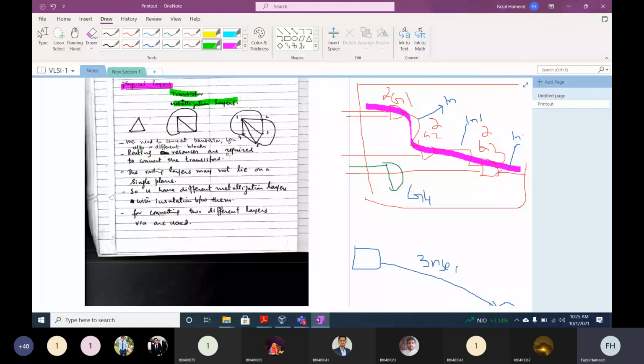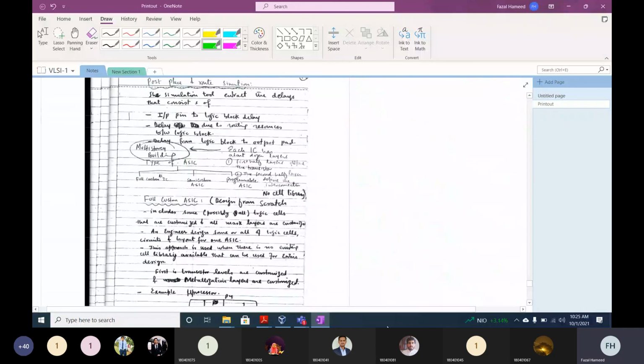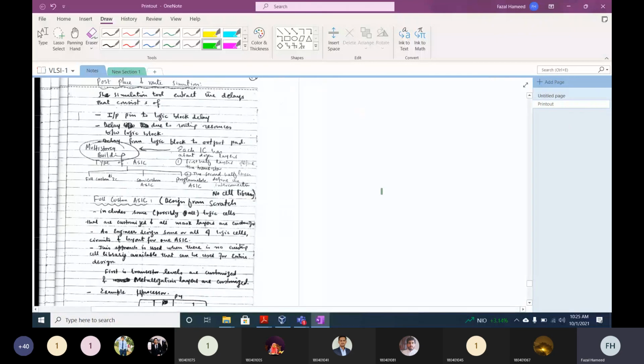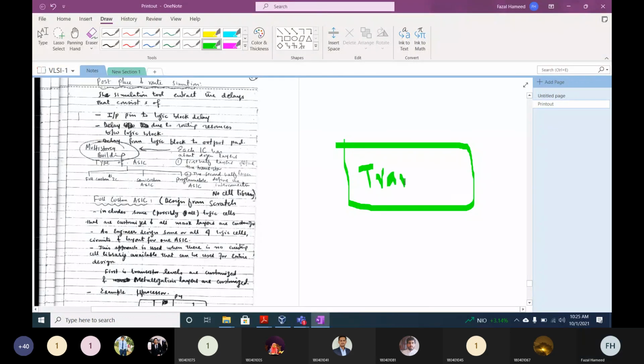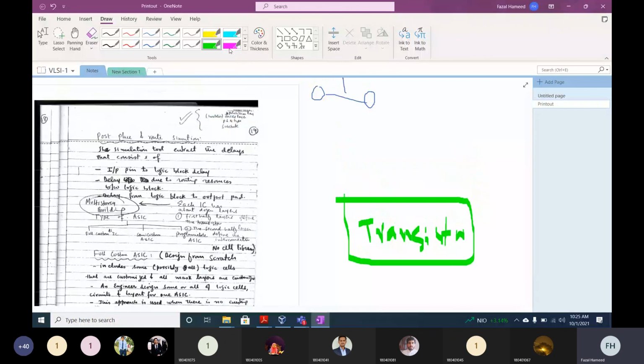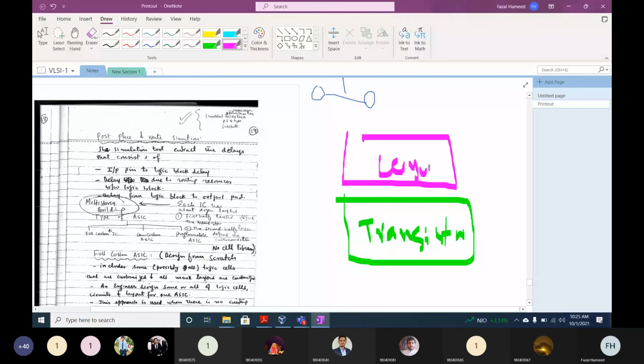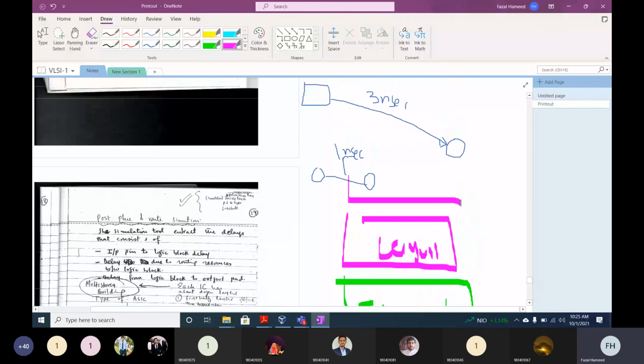And the routing layers may not lie on a single plane. They lie on different planes. For connecting two different layers, wires are used. Now I will explain this with an example. Let's assume you have this, the transistor layer, and on the top there is routing layer 1, and on the top there is layer 2.